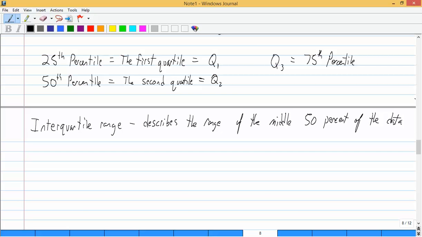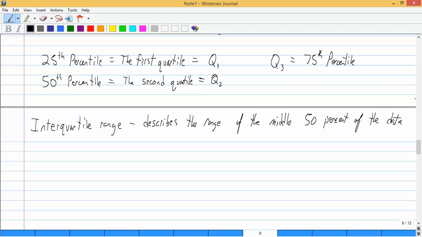So think about what that means, the middle 50%. If you think of 50%, it's like right at the middle if you're thinking about a percentile. But what would the middle 50% be of the data items?